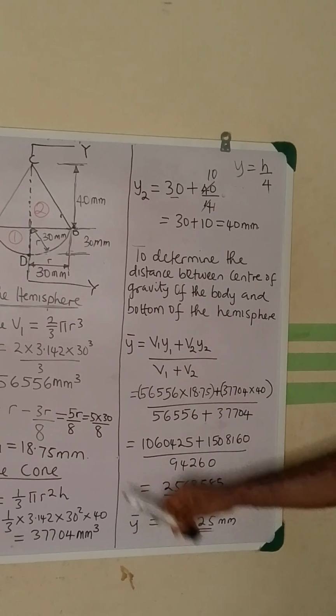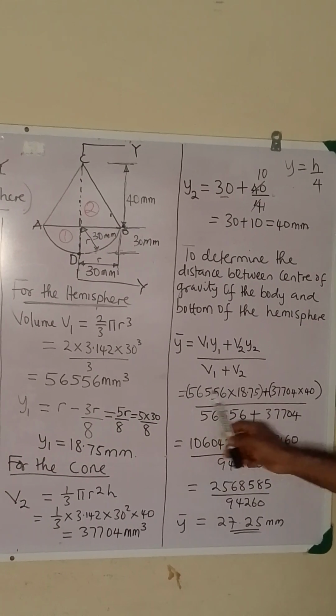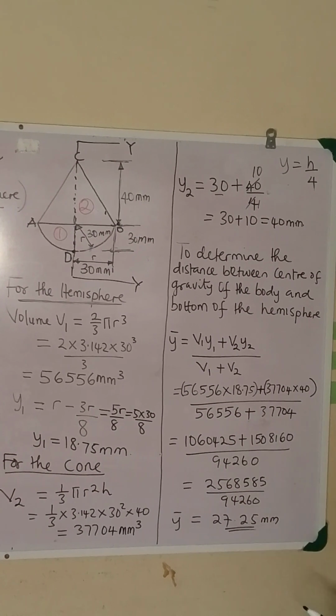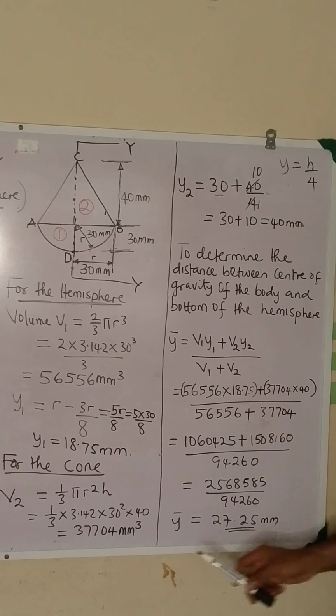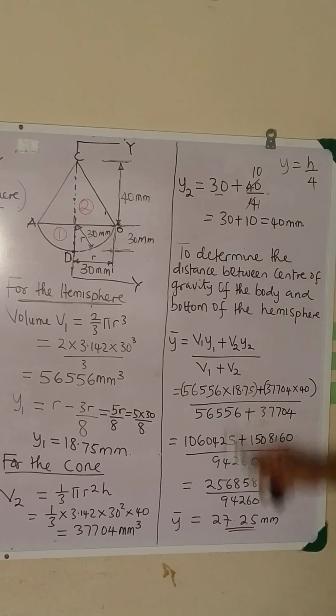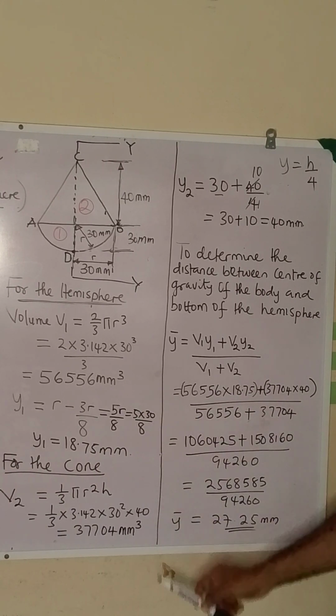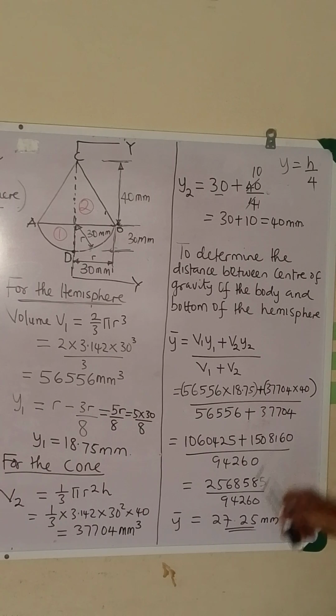We have our V1 to be this, and our y1 is this, so you multiply and you have this answer. Then our V2 and our y2, we multiply and you have this answer. When you add V1 plus V2, you're going to have this answer. When you divide this by this, you have your 27.25 millimeter.